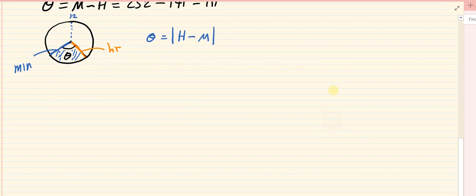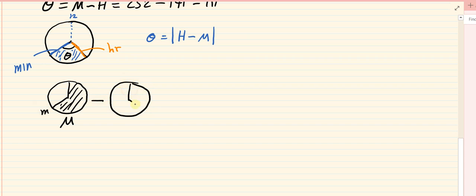As far as my graph goes, I can also show you this. There you go, this is what M is, and this is what H is, right?